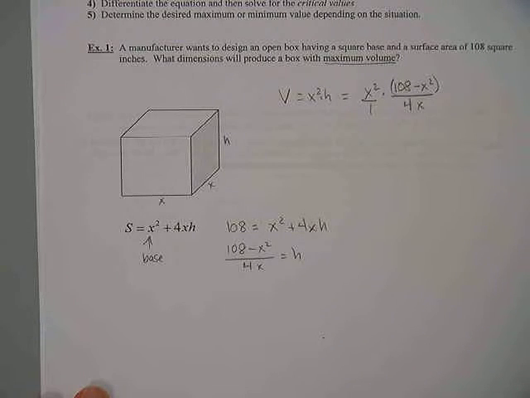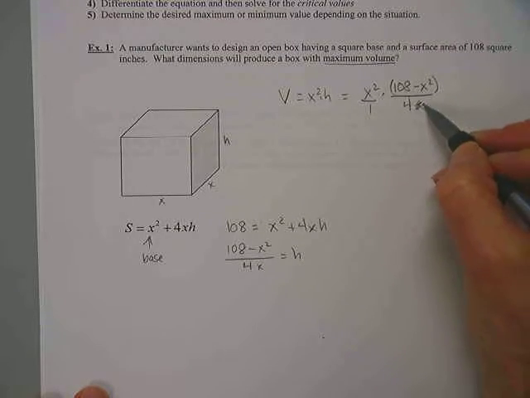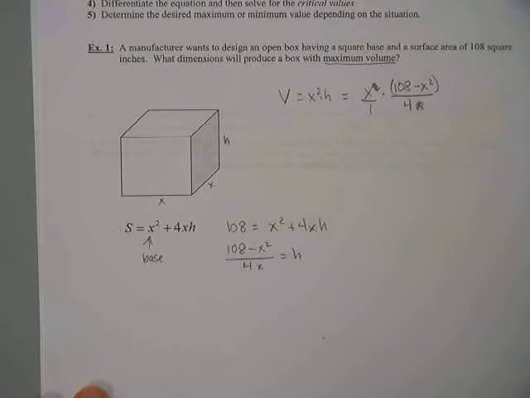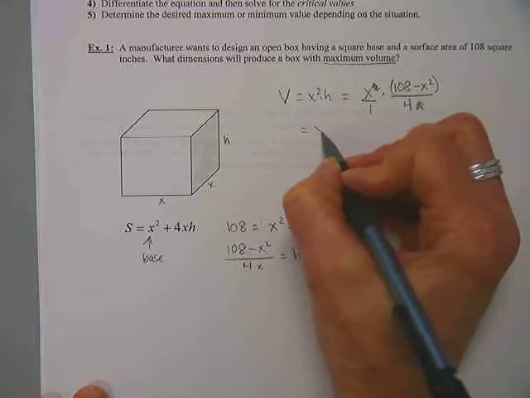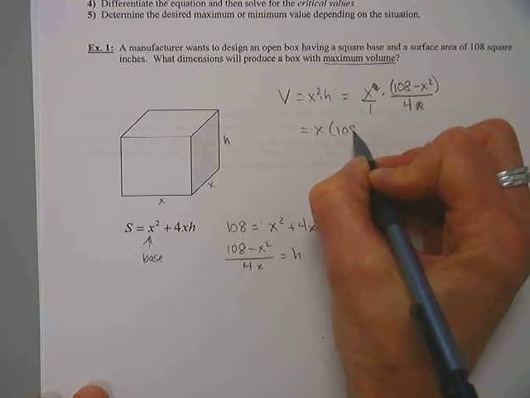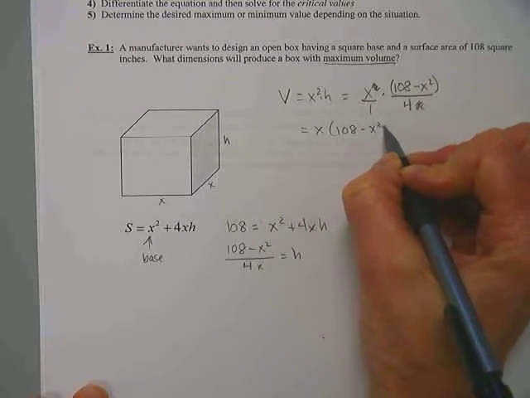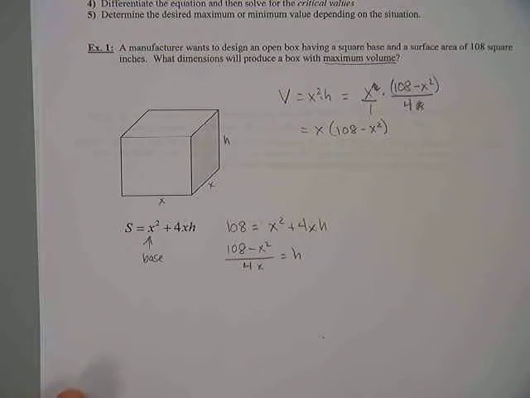I'm just saying all of this is being multiplied by this over 1. So the X squared can cancel with one of those. So we end up with X.